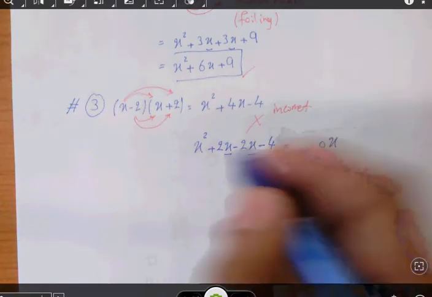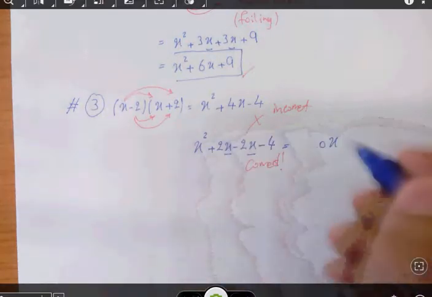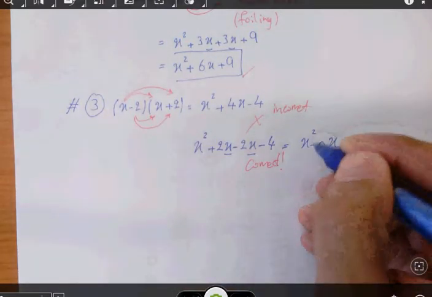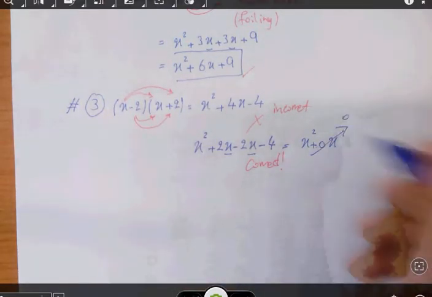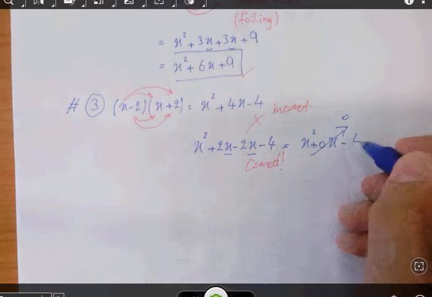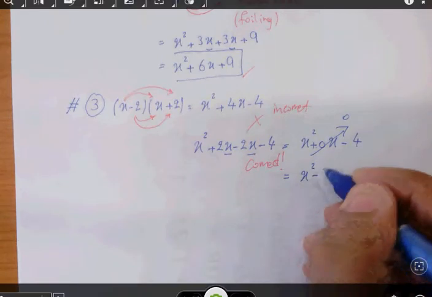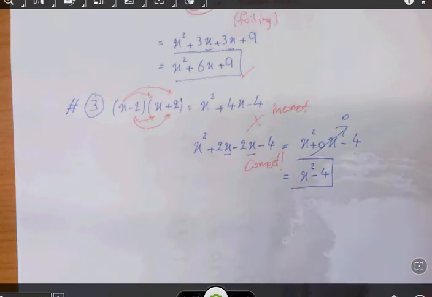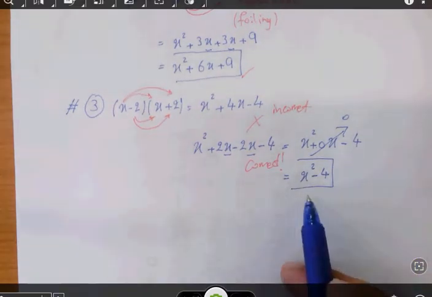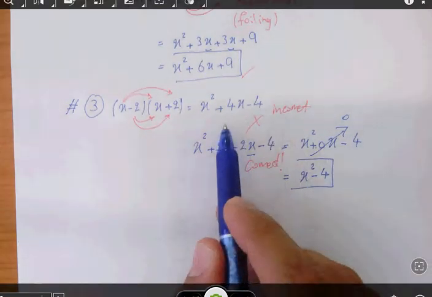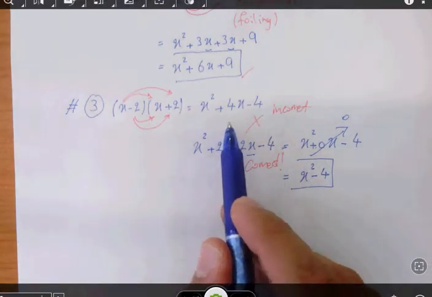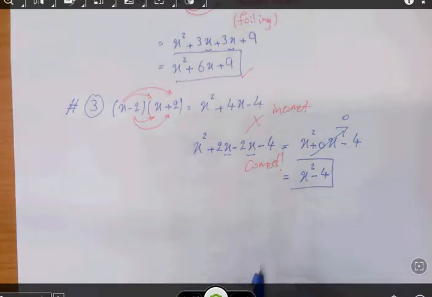What I do have left is x squared plus 0x, which is subsequently 0, minus 4. I'll end up with the final answer of x squared minus 4, which is correct. This compare to this. See? All right, cool. Let's go another one.